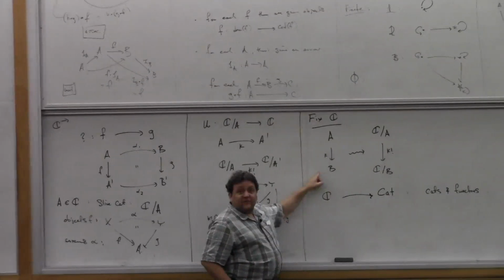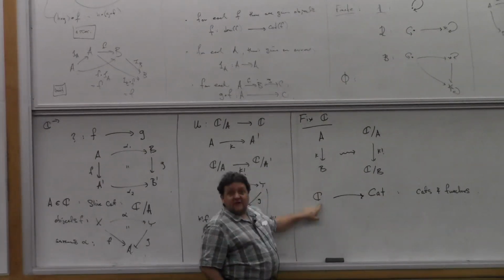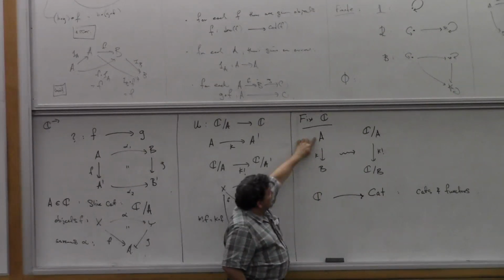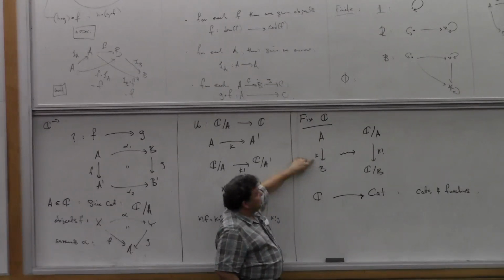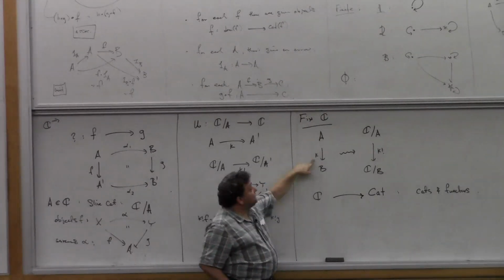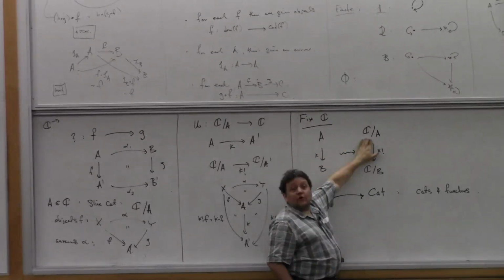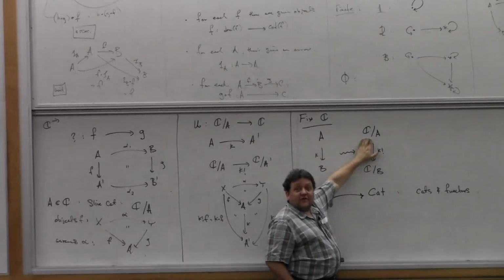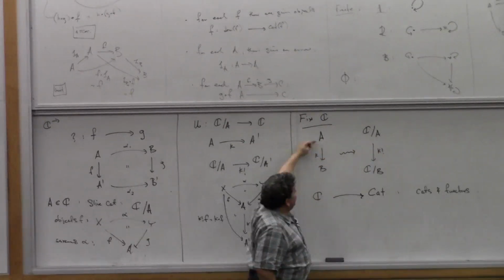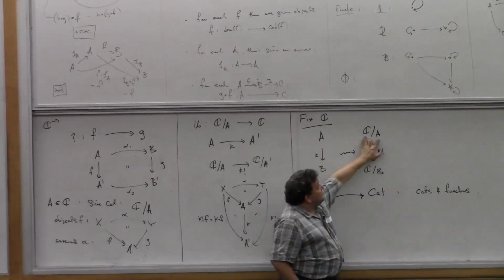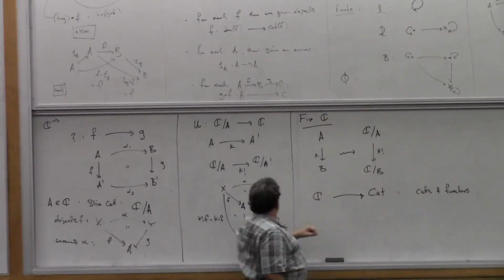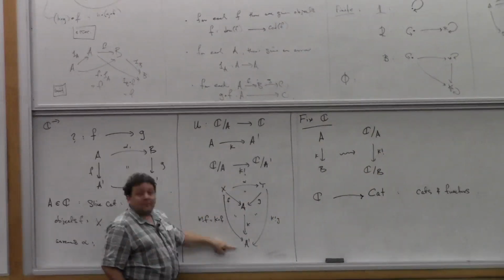What this is? Yeah. This is the category C. Here's an object of C. Here's another one. Here's an arrow of C. I've given you an assignment for each object of a category. Namely, the slice category consists of these triangles. And then for each arrow, there's a functor which goes from here to here. It's this functor. It's this operation.